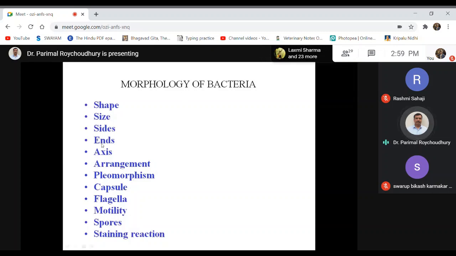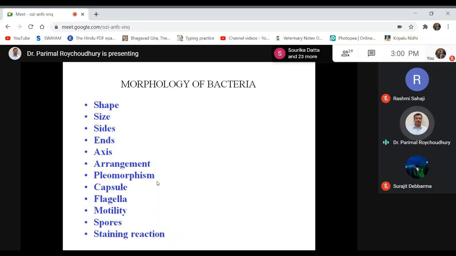Then the ends of the bacteria, whether they have sharp edges or round edges, including a phenomenon we call pleomorphism. Please note it down. This is important for you. Pleomorphism. It is a phenomenon seen among certain bacteria.